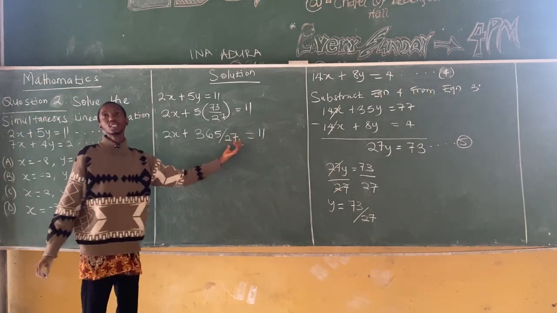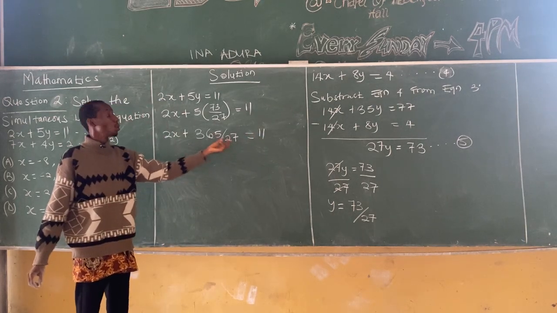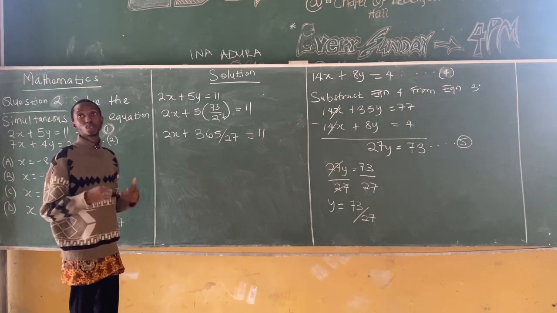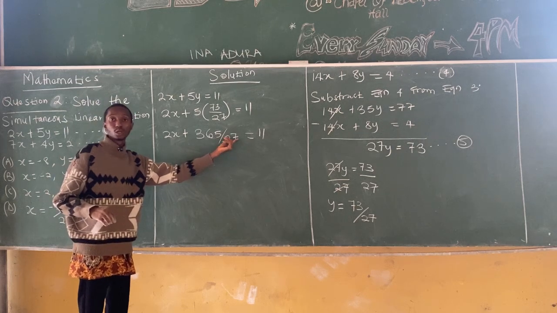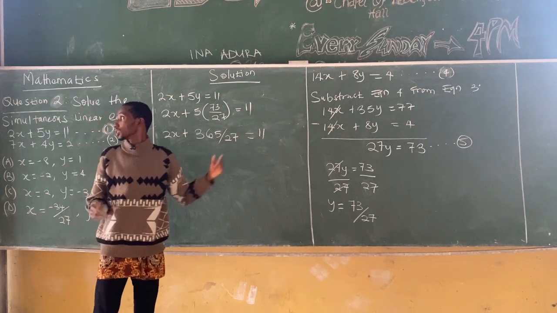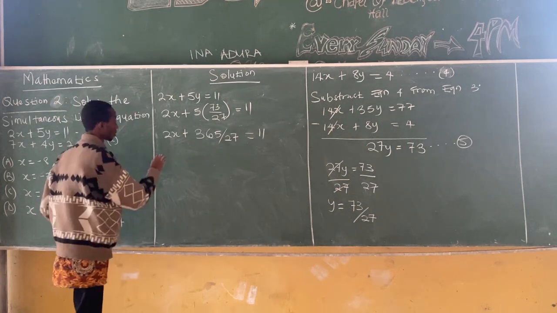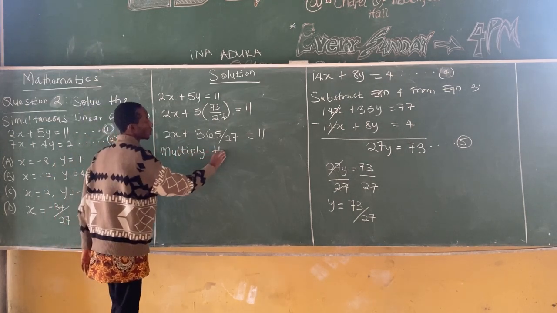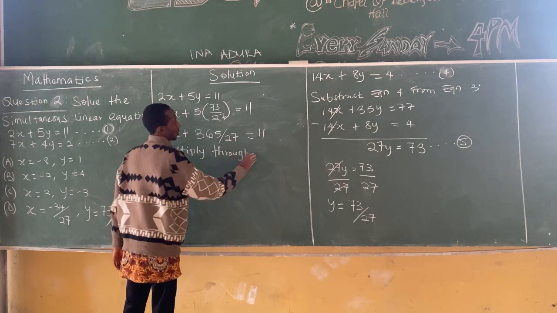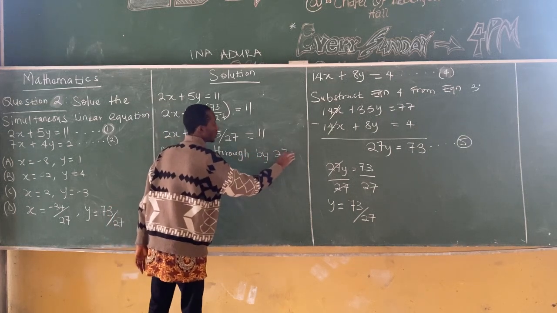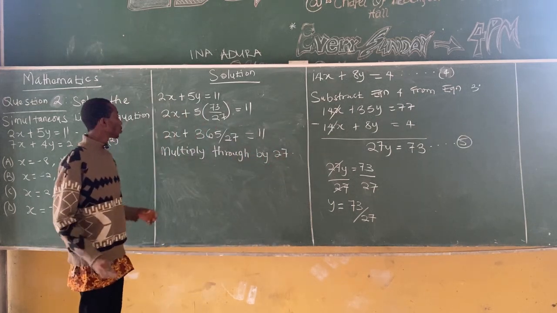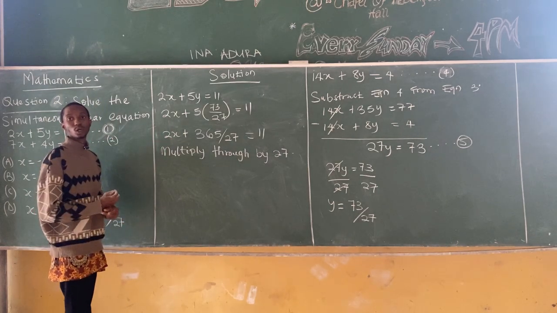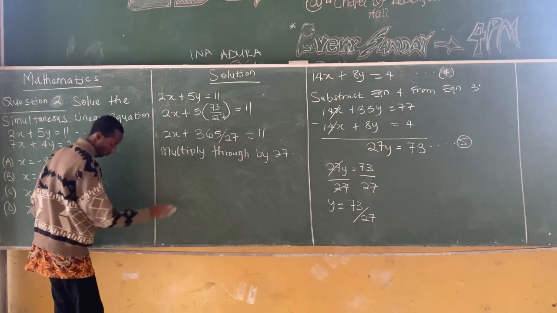For us to eliminate the denominator here, which is 27, what we need to do is to multiply through by the denominator, which is 27. For us to remove this fraction, we multiply through by the denominator, 27. When we multiply through by 27, we have 2x times 27. 2 times 27 is what? 54.